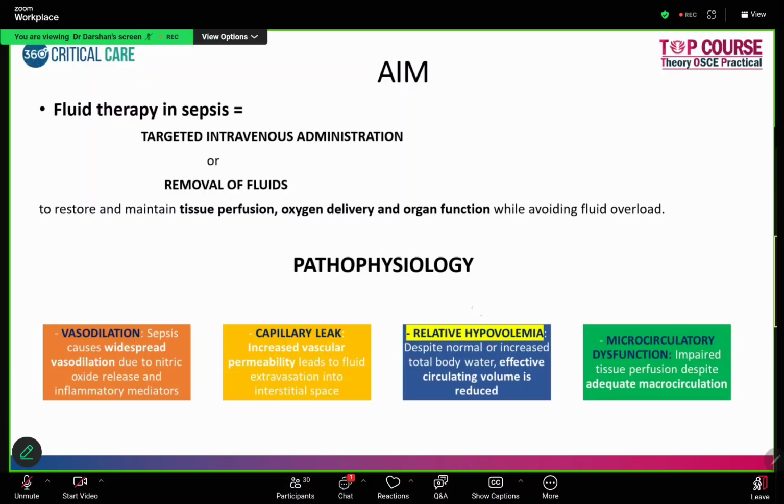Because of this extravasation, there will be decreased intravascular volume that leads to relative hypovolemia initially. And because of decreased intravascular volume, there will be microcirculatory dysfunction leading to organ impairment or organ damage. So this is usually what happens in sepsis.